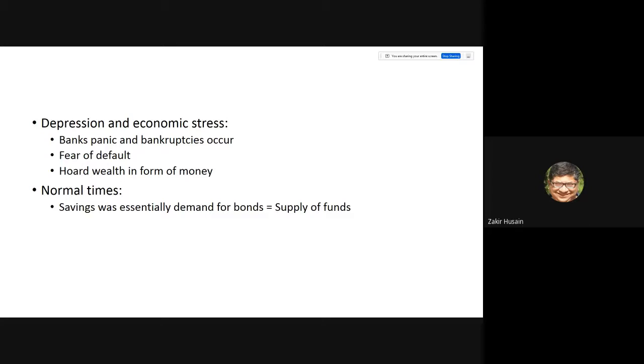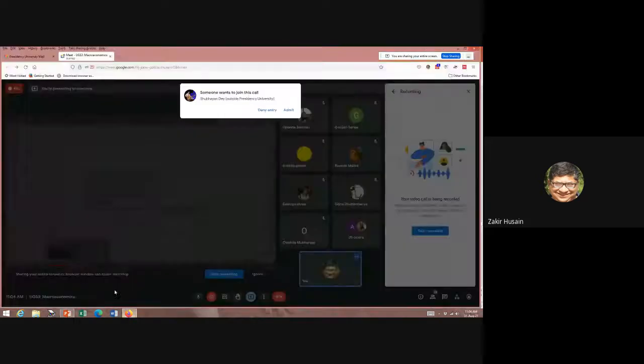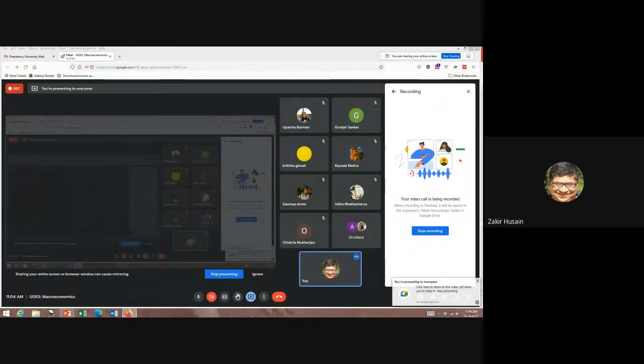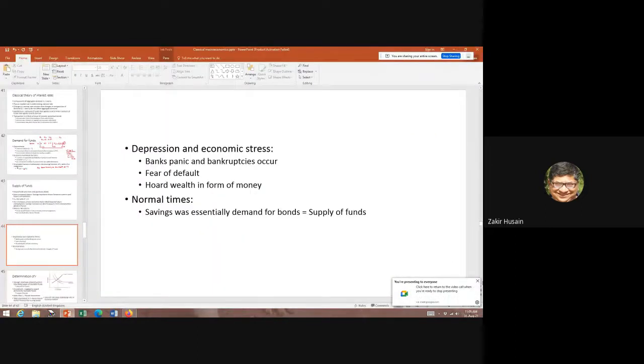In such cases, we are going to hoard our wealth in the form of money. But in normal times, whatever savings we have is going to be held in the form of bonds.